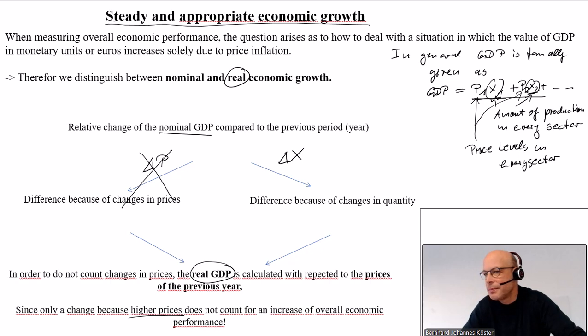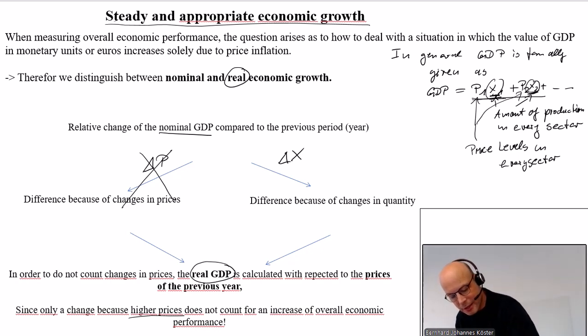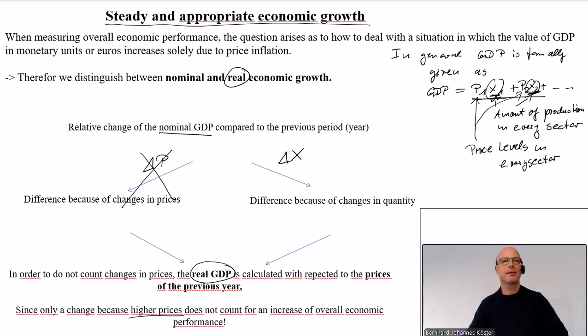What kind of problem can then arise? If you try to multiply the production X today with prices of the year 2000, today with these old prices.